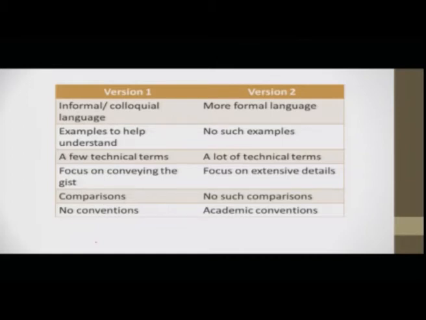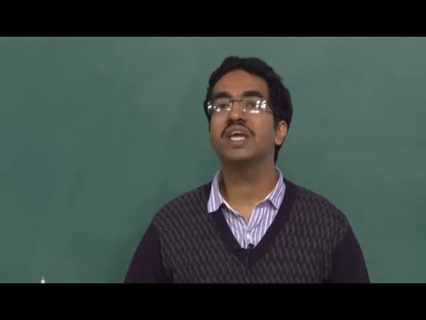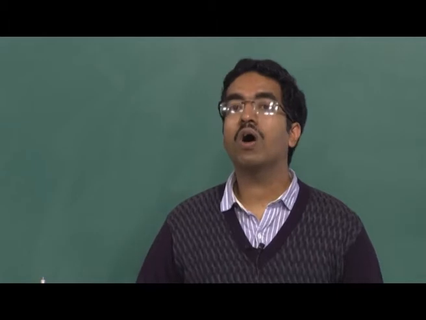In the first one, the focus, you can identify, is on conveying the gist, the main idea, whereas the second one includes a lot of details. So it not only talks about what, it also gives details on how or even why.